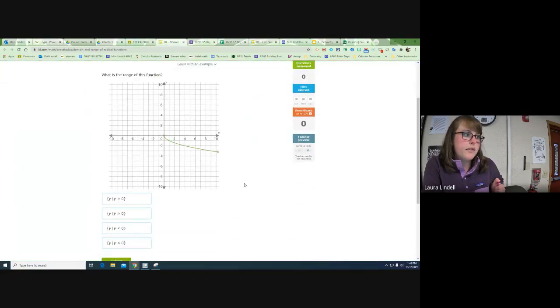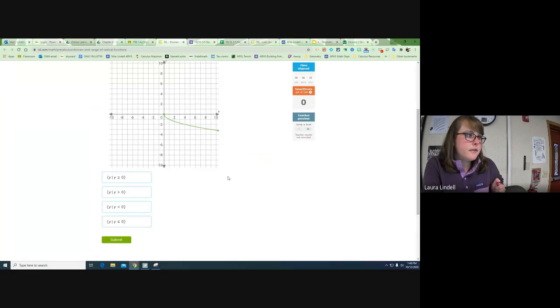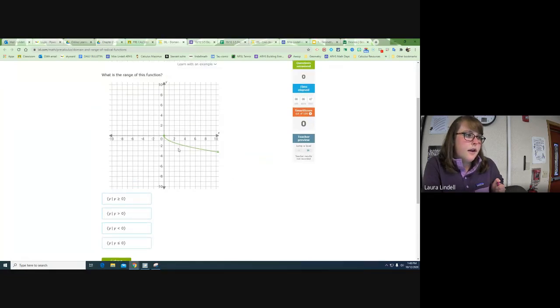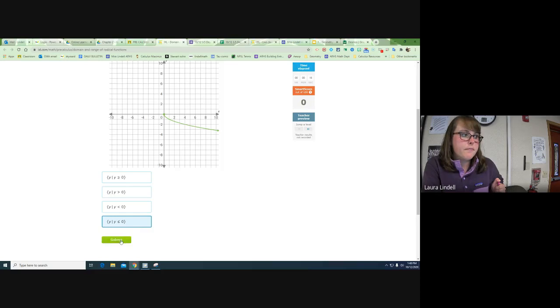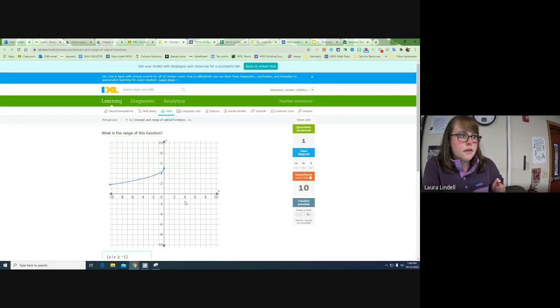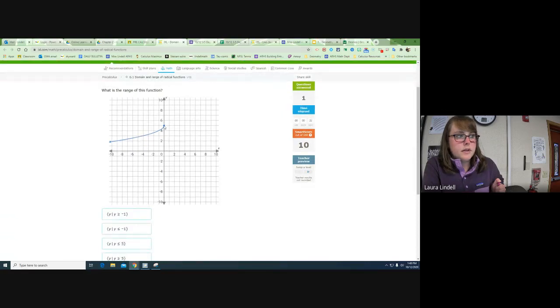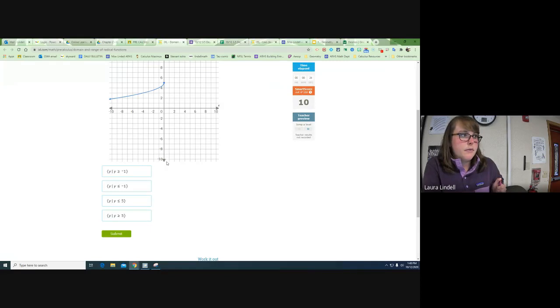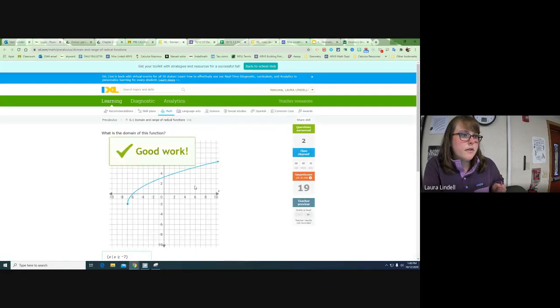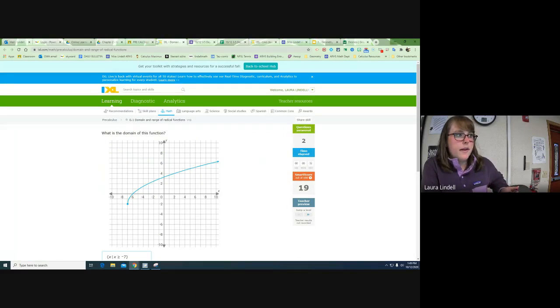So when they ask what is the range of this function, since this function is only below the x-axis, it starts here at 0, 0, it's going to be y values less than or equal to 0. This one, though, starts up here at 5, so it's going to be y values less than or equal to 5. Okay, so that's how that one goes.